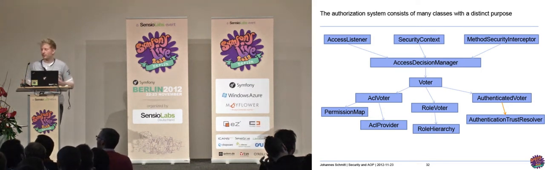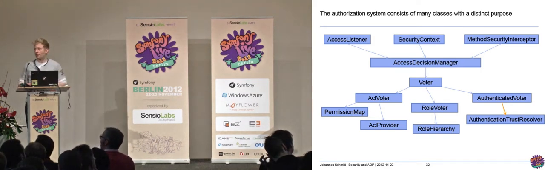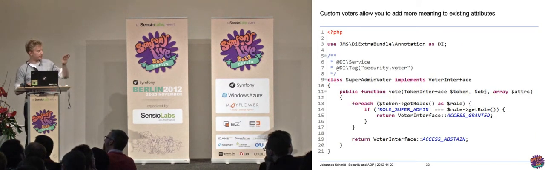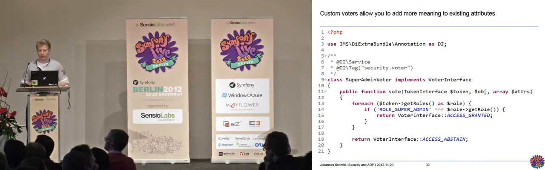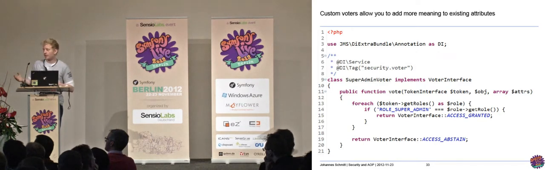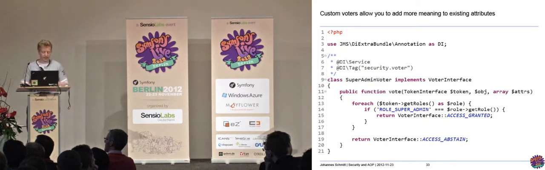And you can, of course, also add your own voter very easily. So in this case, for example, we have a super admin voter where we just check whether the user has the role super admin. And if he has that role, we basically would always grant access regardless of which attributes we actually check in that isGranted call.